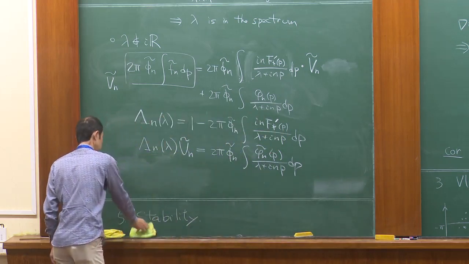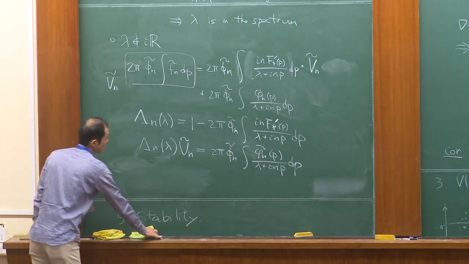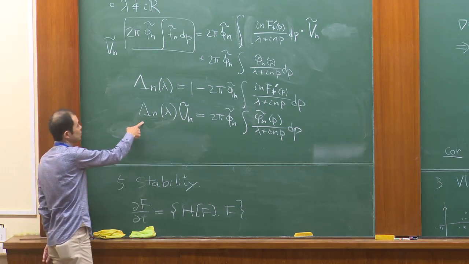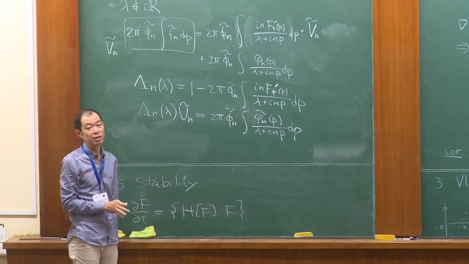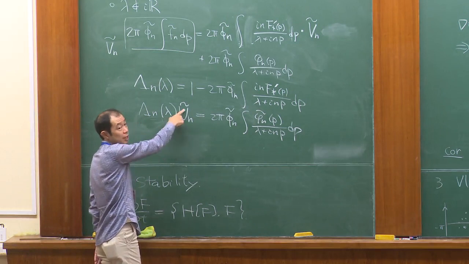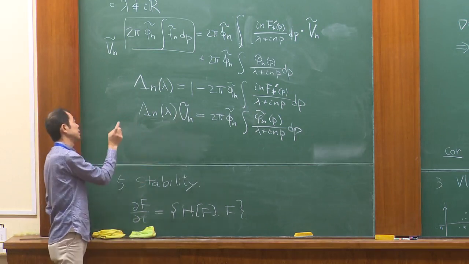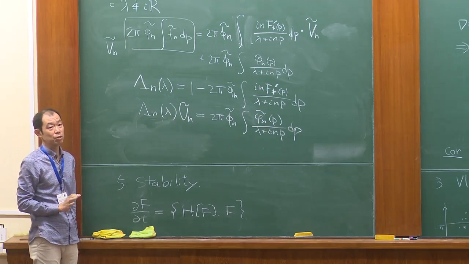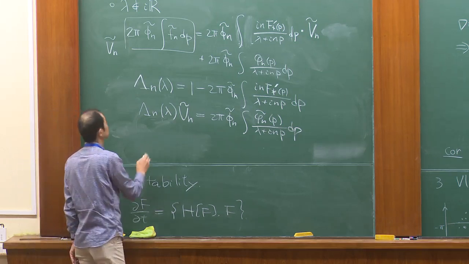So what happened? If this function is not 0, then it's okay. We get the value of Vn tilde. But if this function is 0, we have trouble. We cannot solve for Vn tilde.